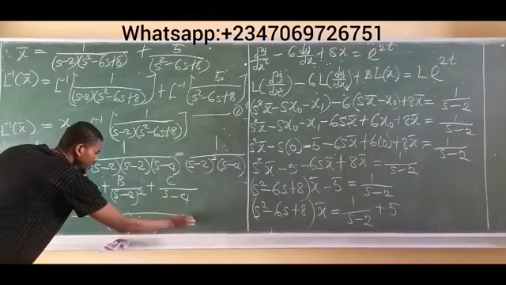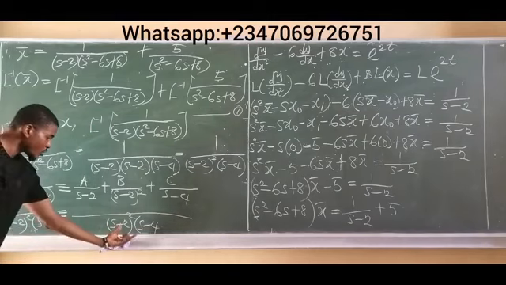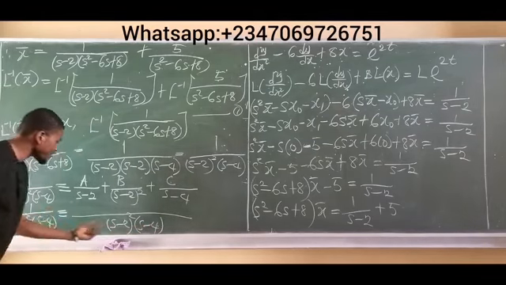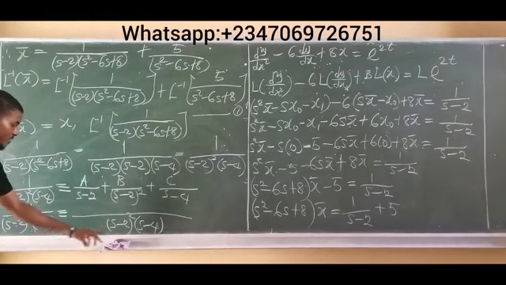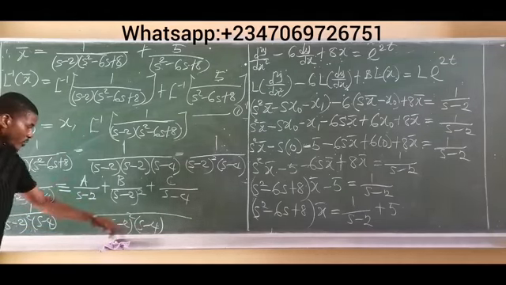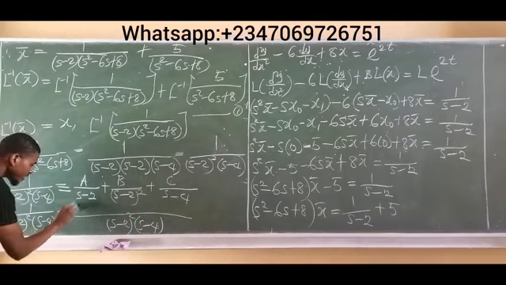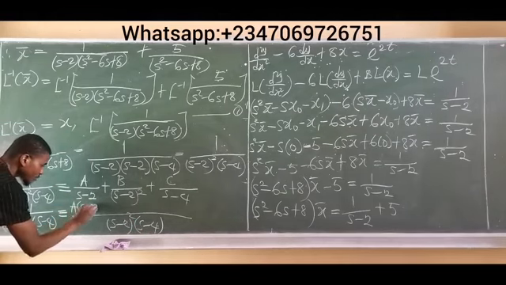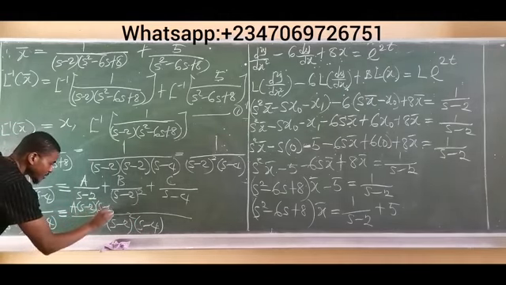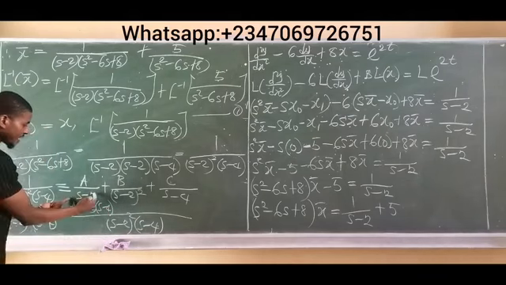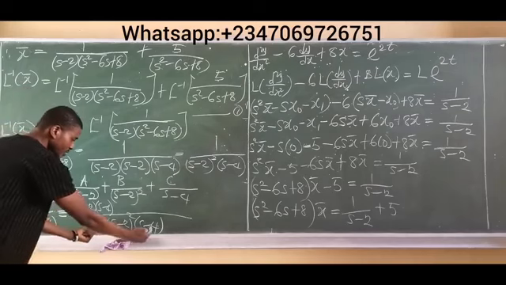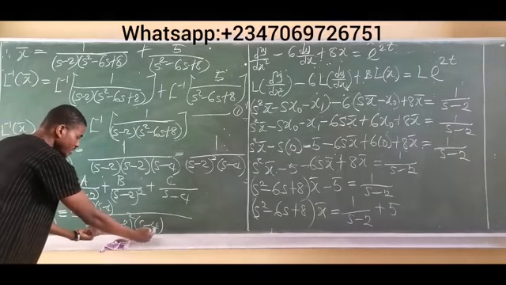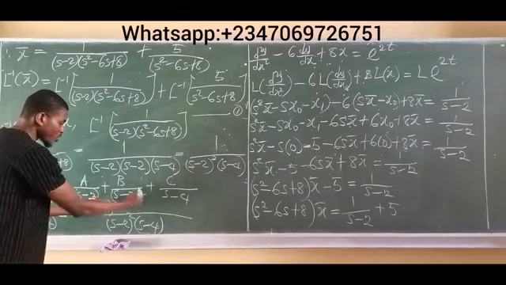This remains the LCM. Now, the whole of this is divided by x minus 2. x minus 2 cancels one of these x minus 2. I'm left with x minus 2 here times x minus 4. So this becomes A times x minus 2 times x minus 4. Next, use this LCM to divide x minus 2 all squared.